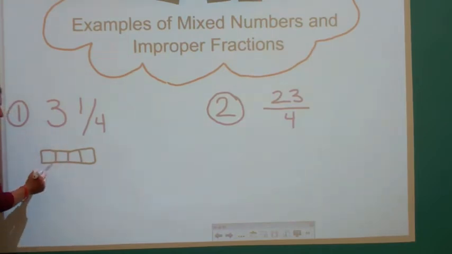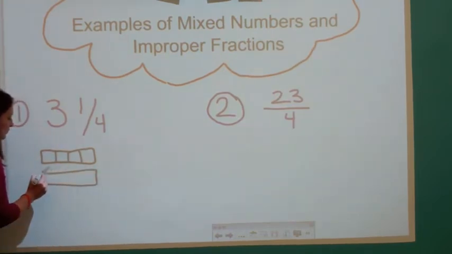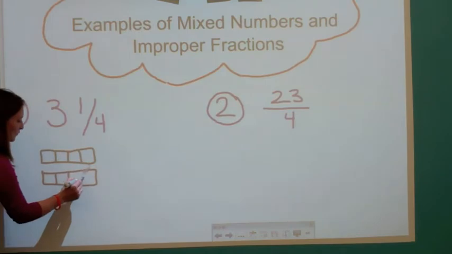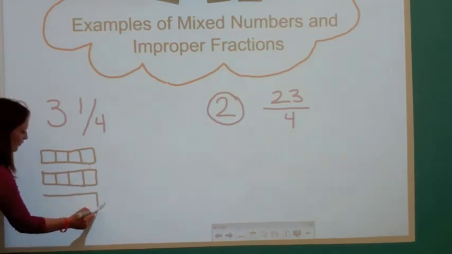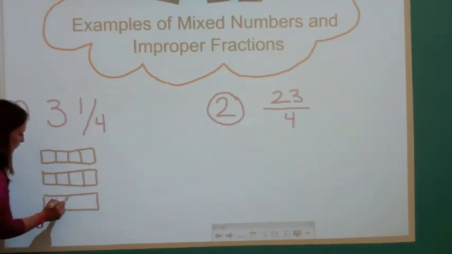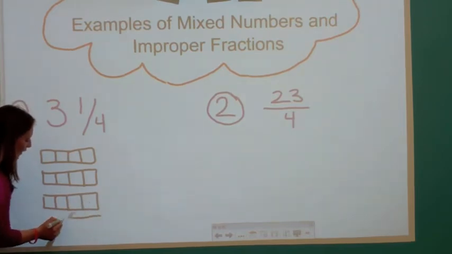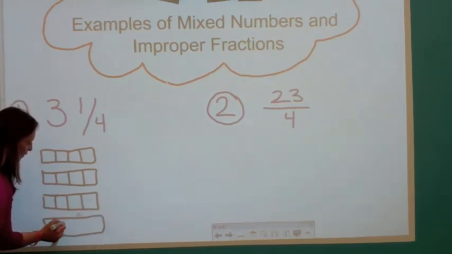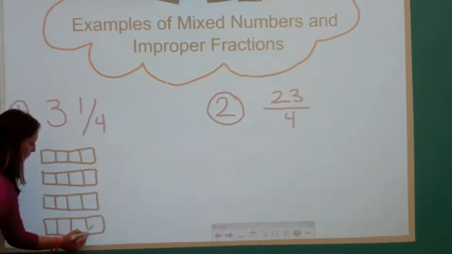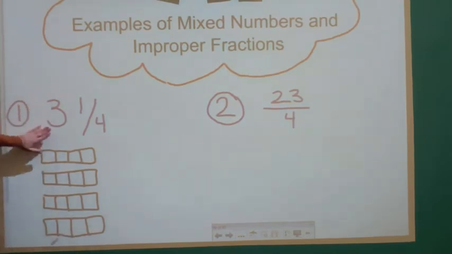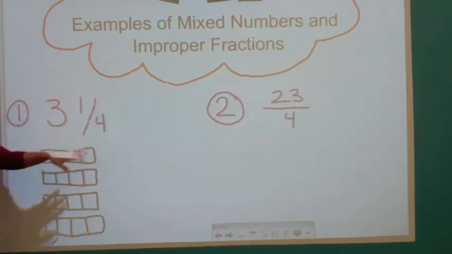So I have 1, 2, 3, and 4. I drew 4 bars because I have 3 wholes and then a part of a whole.